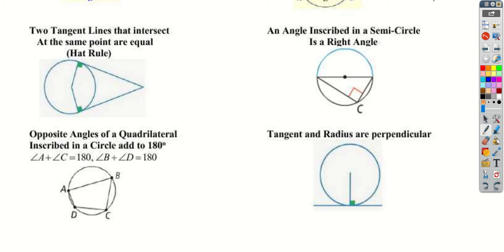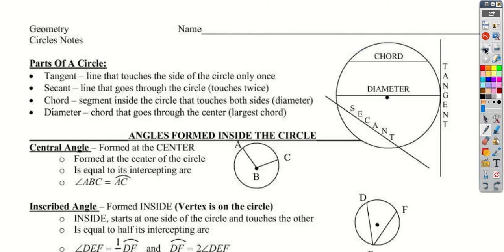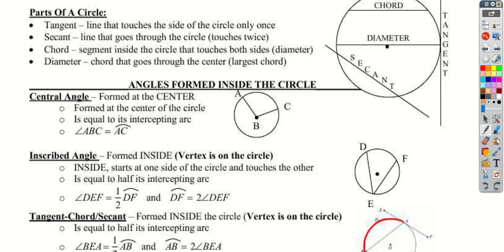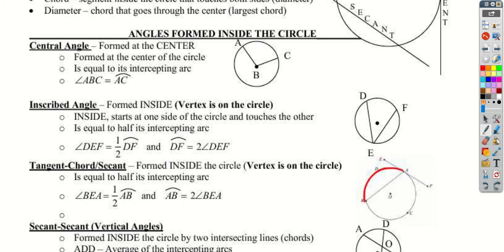We're going to go back to our note sheet, and we're going to talk about one type of angle. The type of angle we'll talk about today is an inscribed angle. In an inscribed angle, remember, the vertex is located on the circle, and the angle itself is inside the circle, kind of like a Pac-Man type thing here.